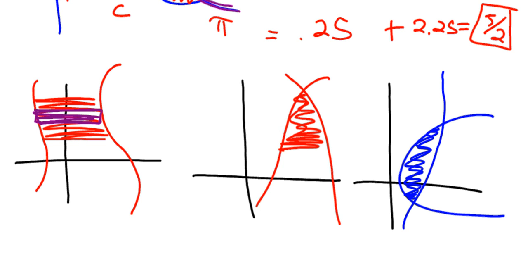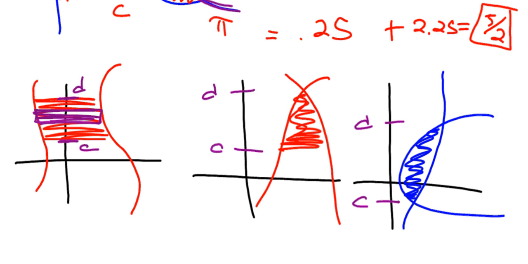Instead of A to B, we're going to call this point C and this point D. Same thing here, this would be C and this would be D. I still have a lower and upper bound, but in this case now, this is going to be in terms of y.